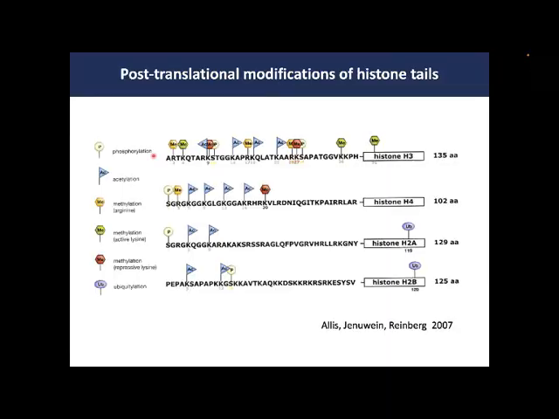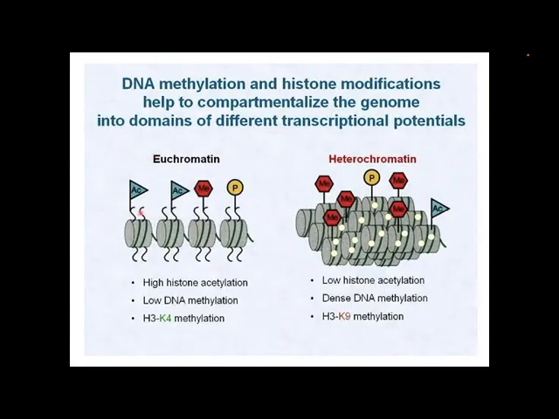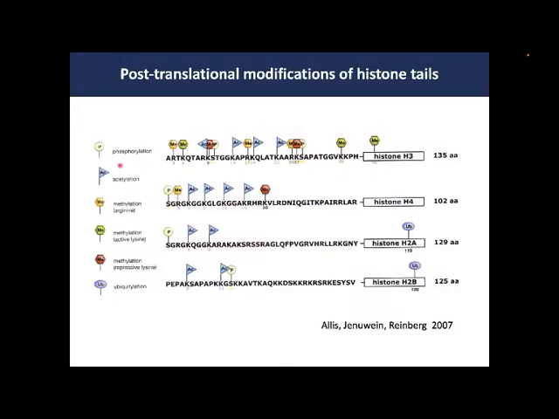So this is an example of the post-translational modification of histone tails. As I described, the histone has tails which are located outside of the chromatin, and these tails are modified with various post-translational modifications. For example, phosphorylation happens in arginine residues or lysine residues or many different residues of the histone H3 tail, and histone H4 tails are also modified.